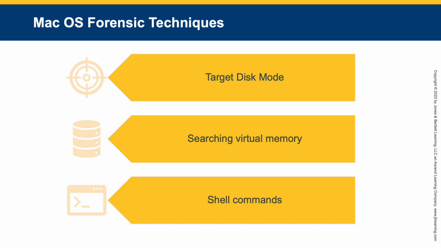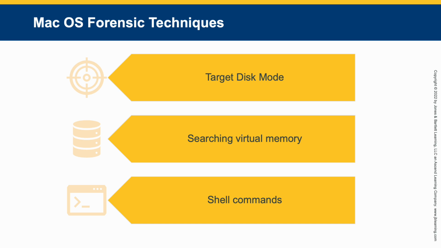Analyzing virtual memory can reveal valuable evidence such as remnants of deleted files, remnants of chat conversations, or even passwords that were once stored in memory. Tools like Volatility, a popular memory forensics framework, can be used to extract and analyze virtual memory dumps from Mac OS systems. Investigators should be aware that virtual memory analysis can be time consuming and may require specialized knowledge to interpret the results accurately.